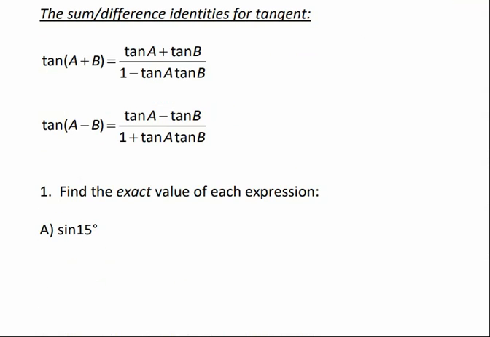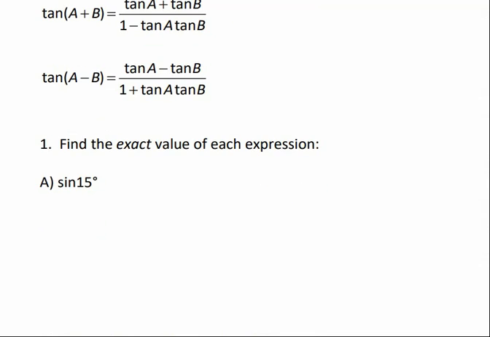So just like we did with the cosine sum and difference identities, we're going to find values that would give us the angle that we're looking for, that are angles that we know the values of from the unit circle. So for this first example, to find the sine of 15, and again, whatever values I pick, you don't have to use those values.